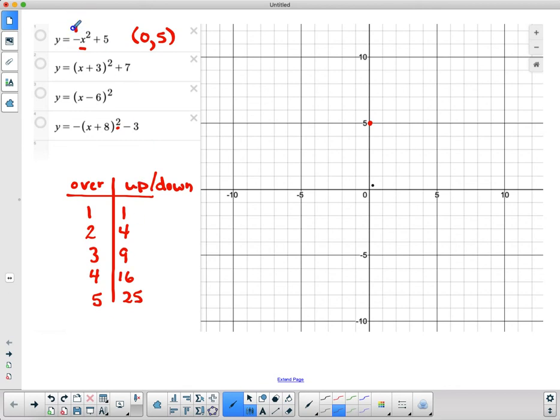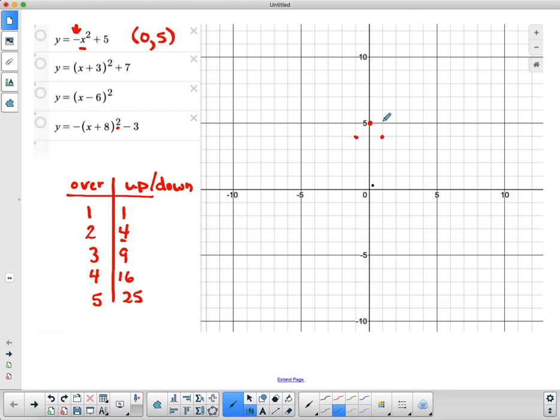So this negative here tells us that the parabola is pointing downwards. So that means when I move over from the vertex, I'm going to go down. And I'm going to follow this pattern. I'm going to go over 1 from the vertex, go down 1. Then I go back to the vertex, and I move over 2 from the vertex. And this tells me I have to go down 4.